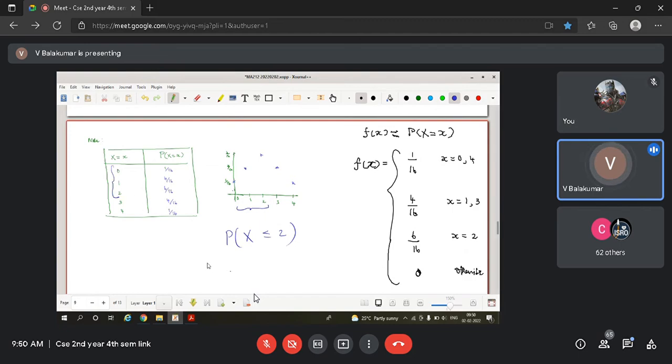Can somebody tell me what is the probability for getting 0 buys or 1 buy or 2 buys? Any idea about this? Quick. 11/16. You are adding all these probabilities, each probability where this x is 0, 1 or 2.